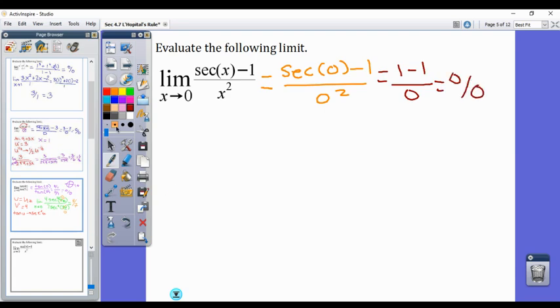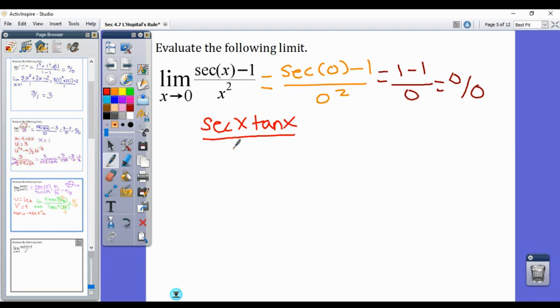All right, so let's go ahead and take the derivative of our numerator and our denominator. The derivative of secant is secant x tan x, and the derivative of 1 is 0, it's a constant, we don't care.